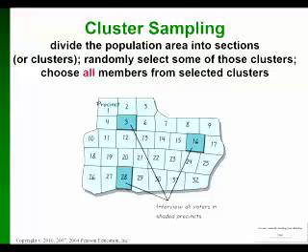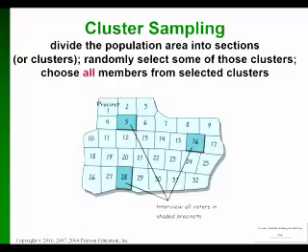If I was trying to do some political poll and I interviewed, say, 5 people from all of those 32 precincts, what type of sampling would that be? I had 5 from every one of the precincts. That would be stratified. But I'm not going to get 5 from every precinct. I'm going to randomly pull out 3 precincts and then interview everybody in those 3 precincts. That's cluster.